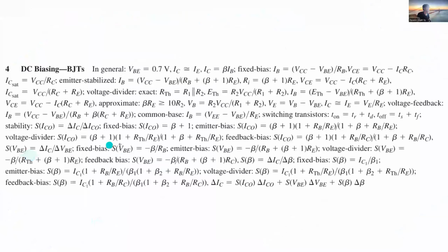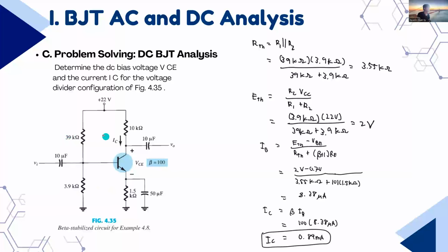So as I've said before, we compute the RTH, the Thevenin equivalent. We will use R1 in parallel with R2. We will compute the product over the sum.